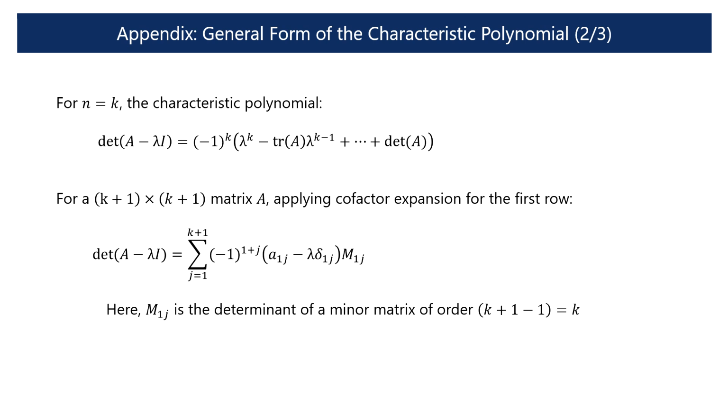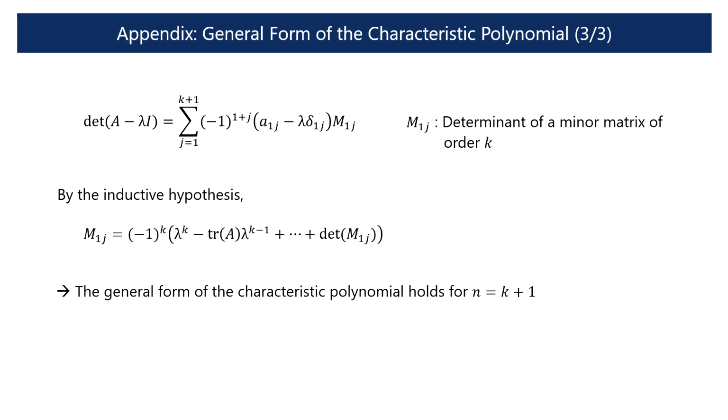Next, let me provide a case for n equals k plus 1. For a k plus 1 by k plus 1 matrix A, applying cofactor expansion along the first row, we obtain this equation. Here, M_ij is the determinant of a minor matrix of order k plus 1 minus 1, equals k.